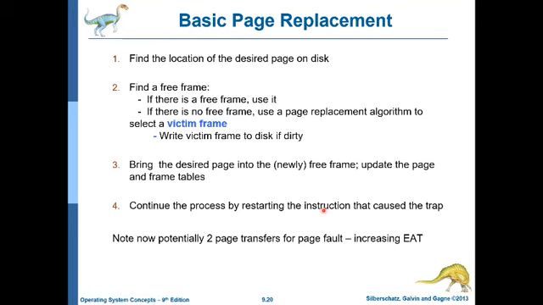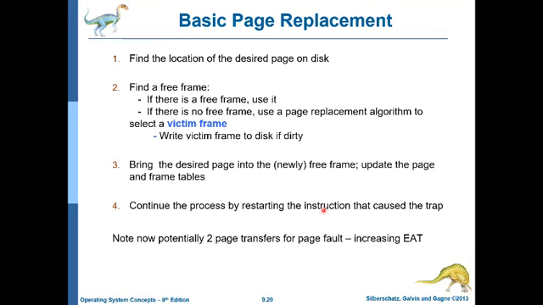If there is no free frame, then we will find a page to replace with this new page that we want to load, and this page will be located in some frame, which we will call the victim frame. So in order to load a page into an existing frame, we will need to find a victim frame.